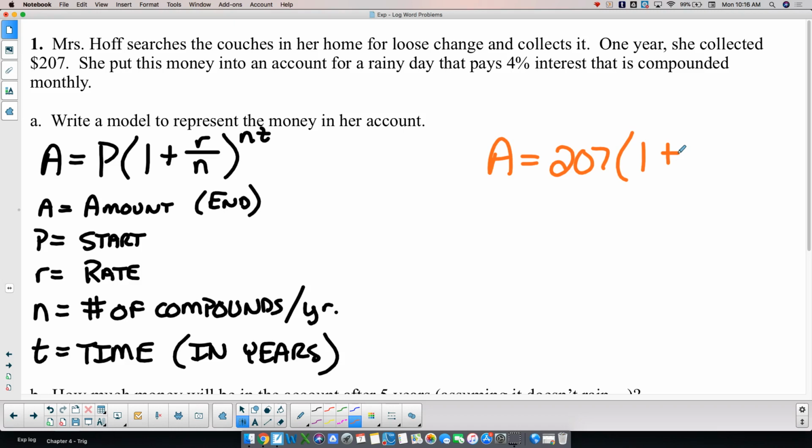Yep. Because the one part is right here, it's right there already. So it's just 0.04. N is the number of times that we're compounding. How many times are we compounding this one? 12, because it's monthly. To the 12, because that's our N again, T power.